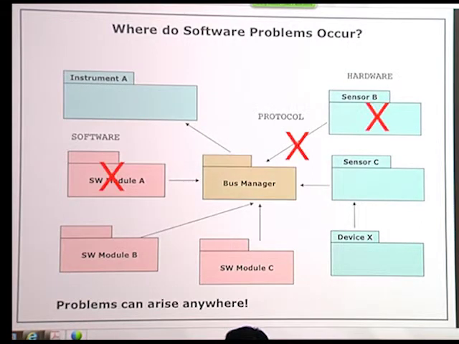So you can have purely software-related issues where the interaction is within a module. It can actually be between two modules. It can be between a module and a piece of hardware, or the issue might be solely located in the hardware device.